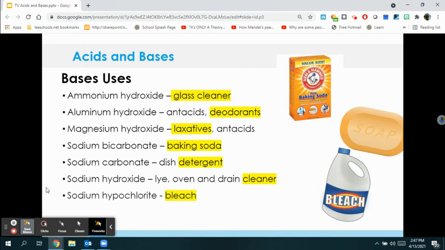Sodium hypochlorite is in bleach. If you look at these, we have hydroxide, hydroxide, hydroxide, hydroxide. So all of these hydroxides are telling you that they are bases.